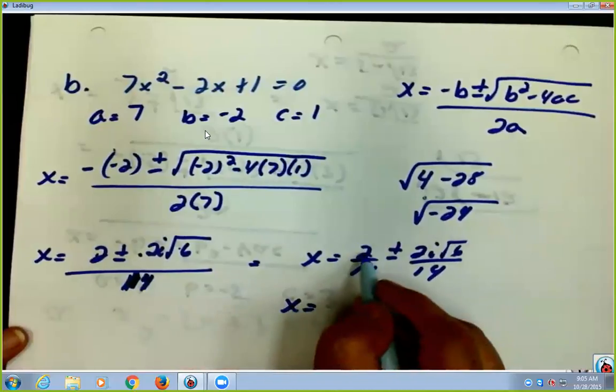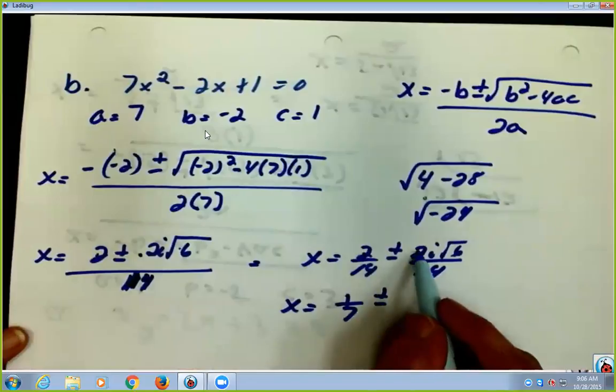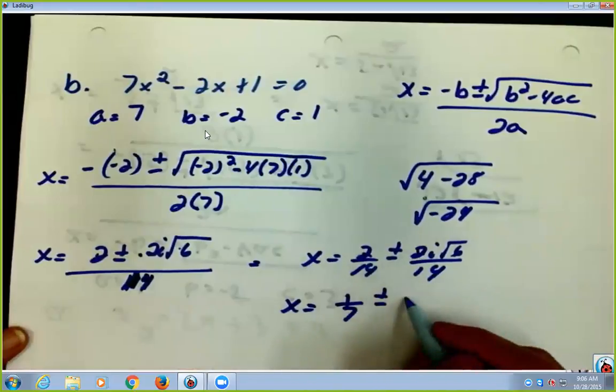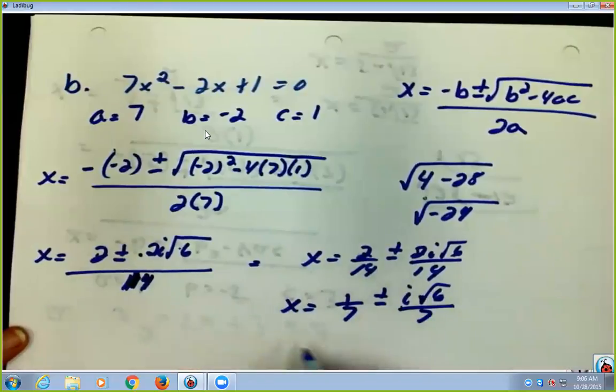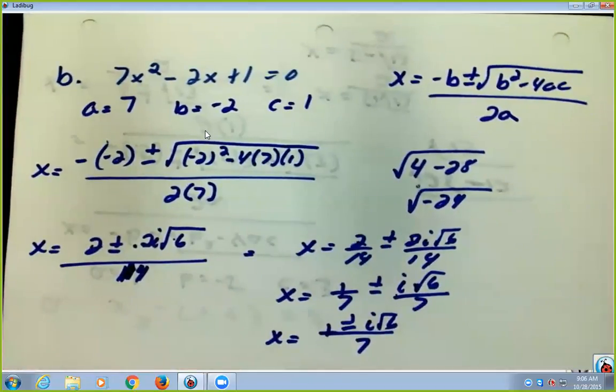So it can reduce. 2 and 14 reduce to 1/7. 2i and 14 reduce to just simply i, the square root of 6 over 7. So your true answer is x equals 1 plus or minus i, the square root of 6, all over 7. So sometimes you need to reduce them.